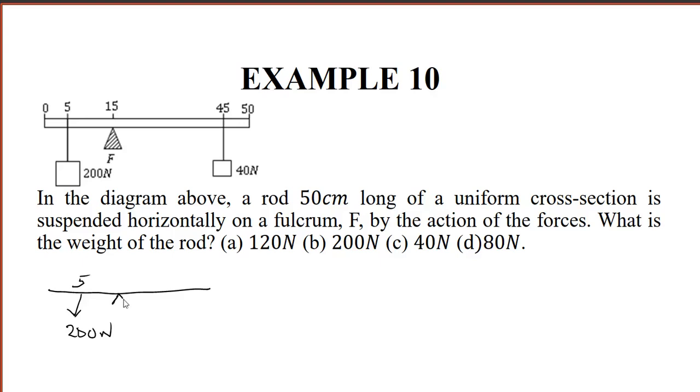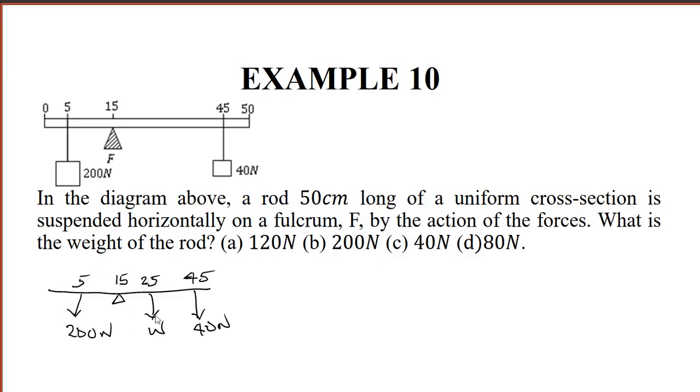Now, we have a pivot, which is at what? 15 centimeters. The weight W will be at the middle of 50, which is 25. And we have another weight here, 40 Newton, which is at 45. Now, the 200 Newton, if we drag it in its direction towards the point where we are taking our moment, at the fulcrum, it's creating what?